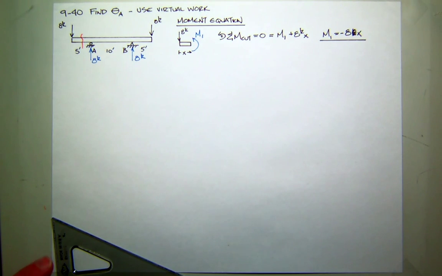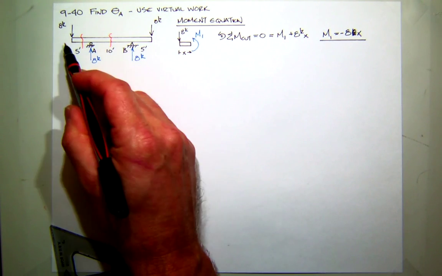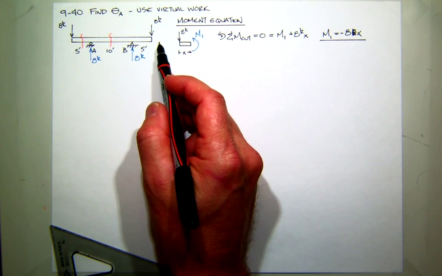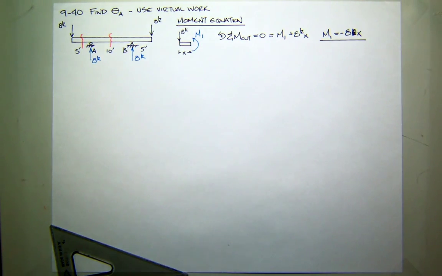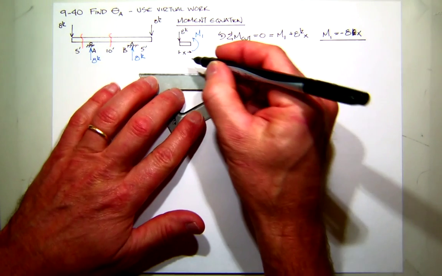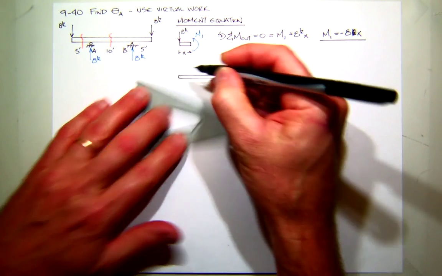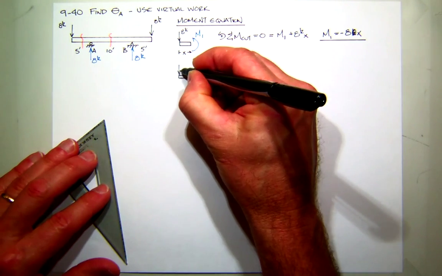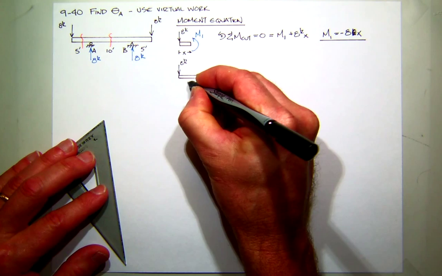Okay, so the next section I'm curious in is what's happening in here. Do you want to work the left side or the right side? I don't see any advantage to either one, so I'll work the left side. So I'll have my 8 kip force at 5 feet over.